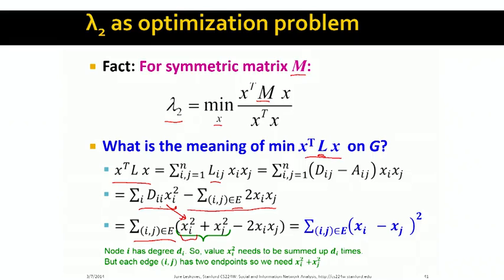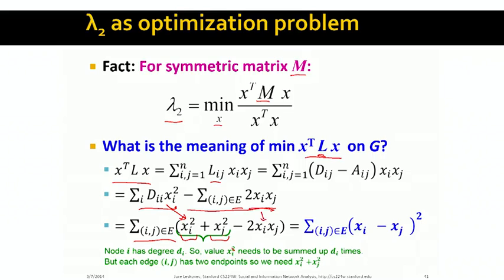Now, of course, each edge has two endpoints, one on one side, one on the other side, so we also have to have xj squared. What we notice is that this is simply a summation over all the edges, where I have xi squared plus xj squared minus 2 xi xj. This is from before.